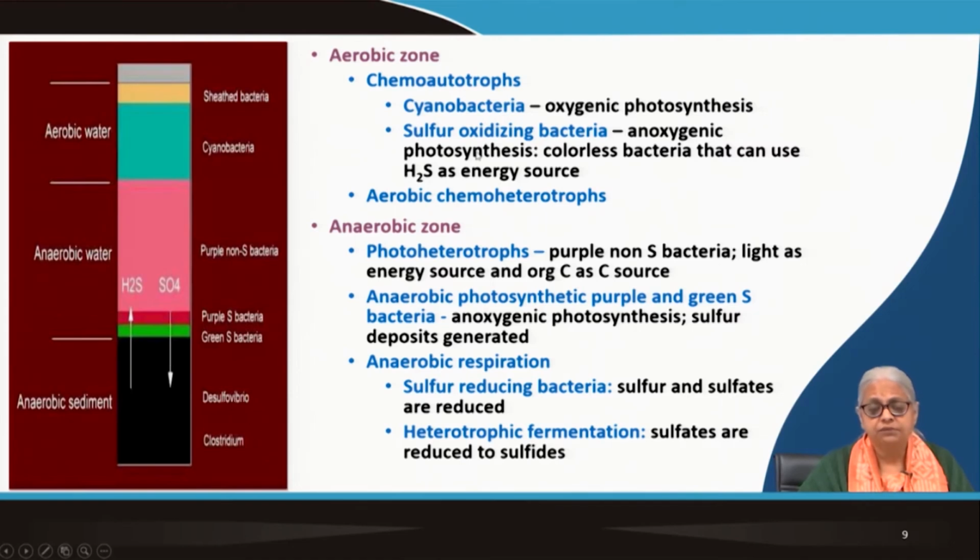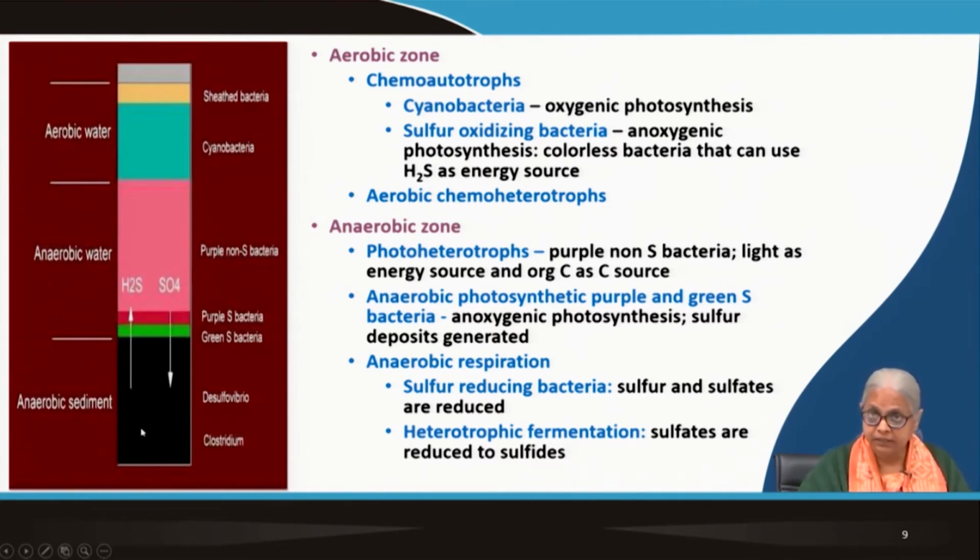You can also have sulfur oxidizing bacteria. How are these sulfur oxidizing bacteria going to thrive in the same environment? They are responsible for anoxygenic photosynthesis. They are colorless bacteria, so you can't see them visibly, and they are capable of utilizing hydrogen sulfide as the energy source. Where is the hydrogen sulfide coming from?